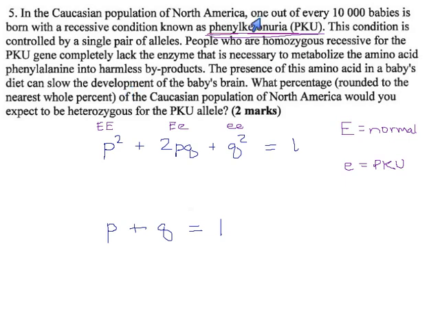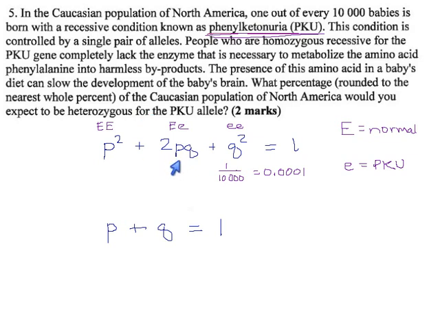And they say 1 out of every 10,000 kids is born with phenylketonuria, meaning Q squared is 1 out of 10,000, or if you do 1 divided by 10,000, you'll find the decimal form of that is 0.0001. So that's our Q squared. And what they're asking for is what percentage of the population would you expect to be heterozygous for the PKU allele, meaning this group here.